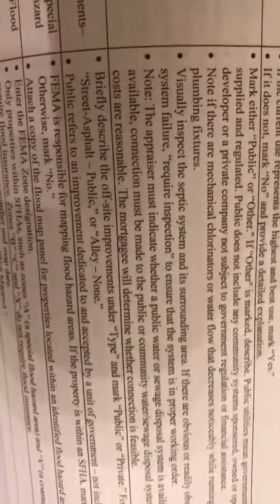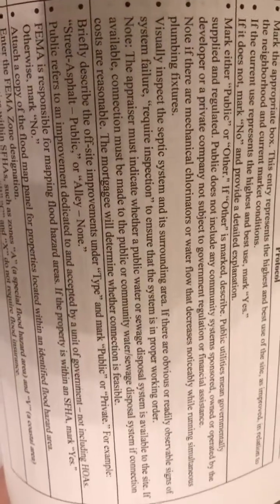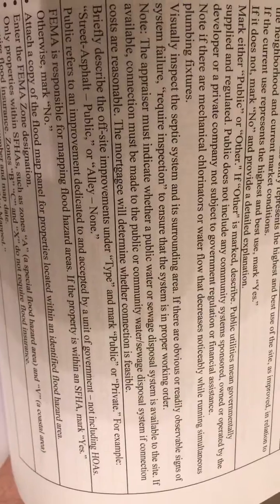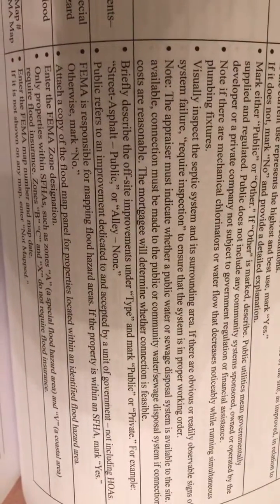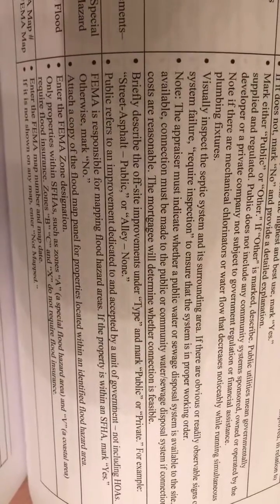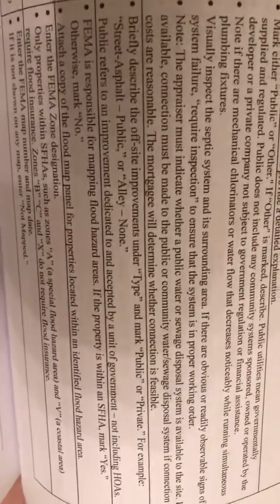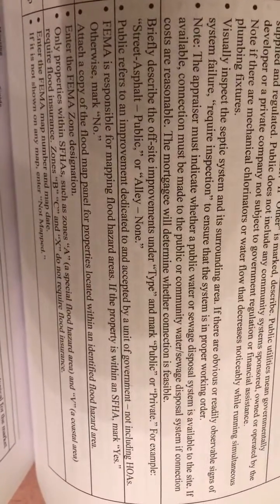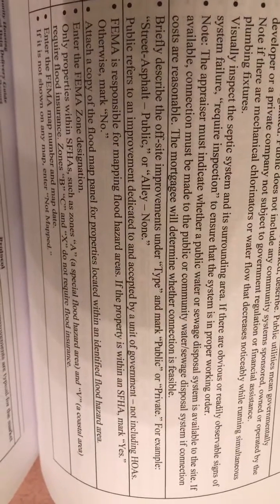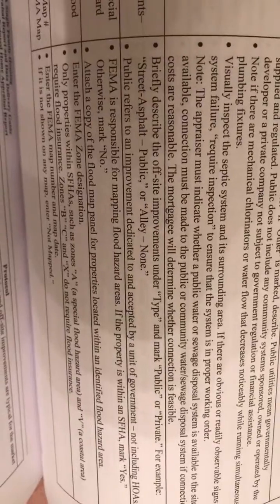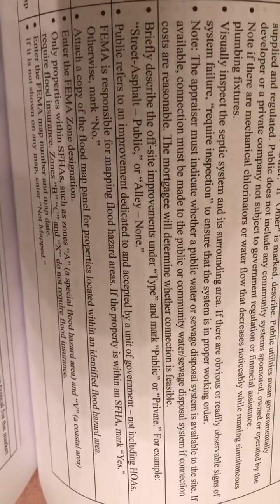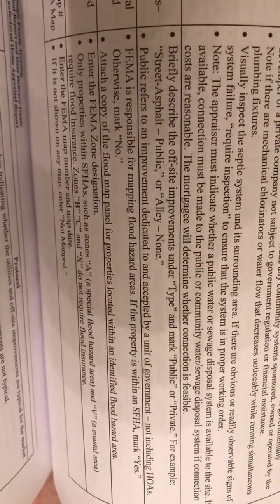Note, if there are mechanical chlorinators or water flow that decreases noticeably while running simultaneous plumbing fixtures, visually inspect the septic system and its surrounding area. If there are obvious or readily observable signs of system failure, require inspection to ensure that the system is in proper working order.